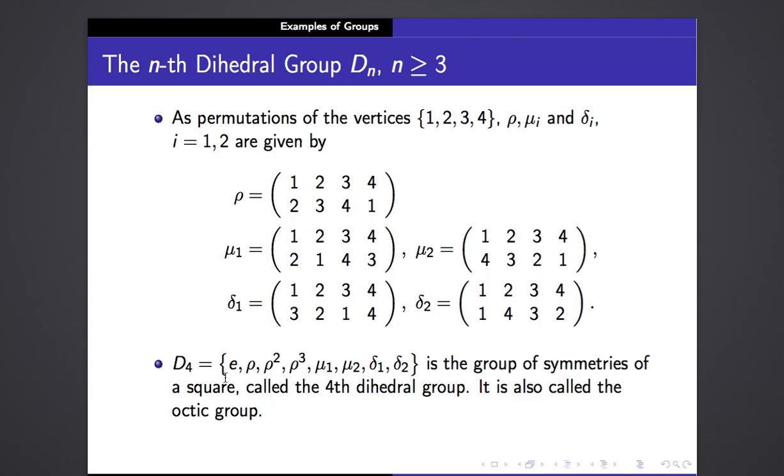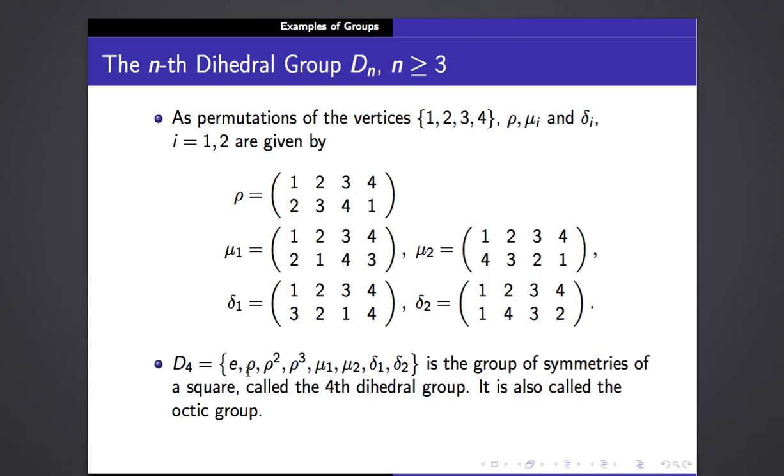D4 is the set consisting of E, rho, rho squared, rho cubed, and you can check rho to the power 4 becomes E again, together with mu1, mu2, delta 1, delta 2. This set, with multiplication being successive application of rotations, forms a group called the fourth dihedral group.